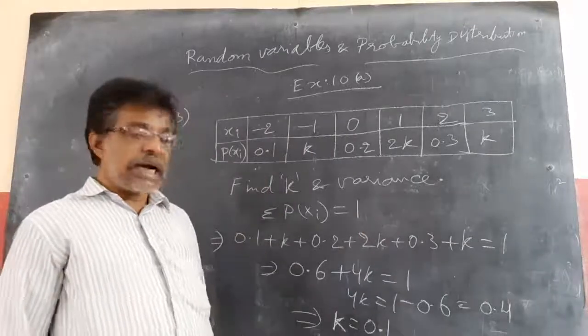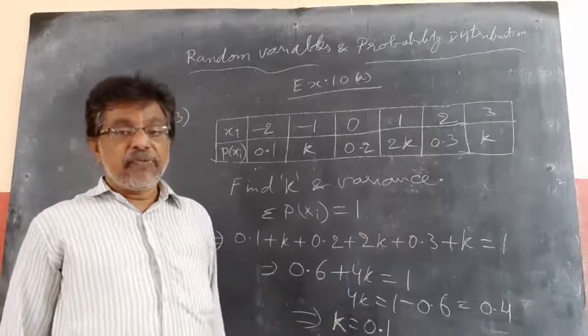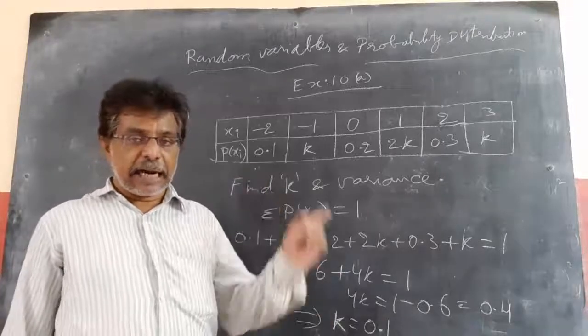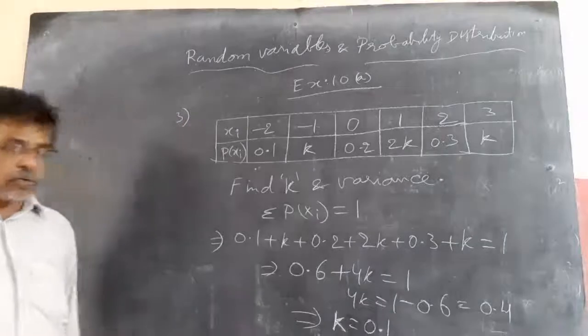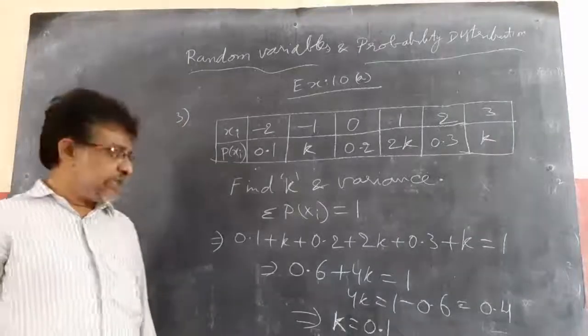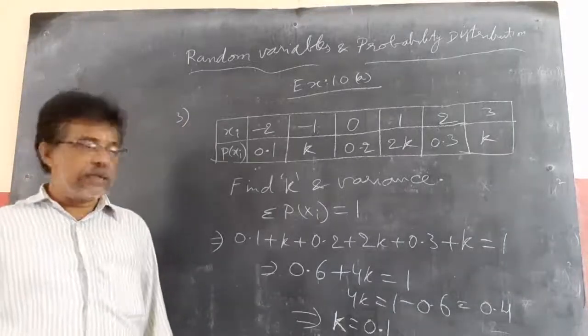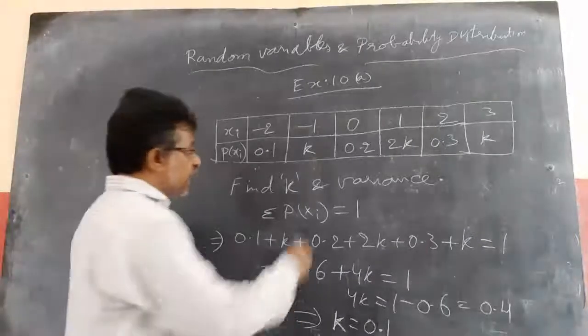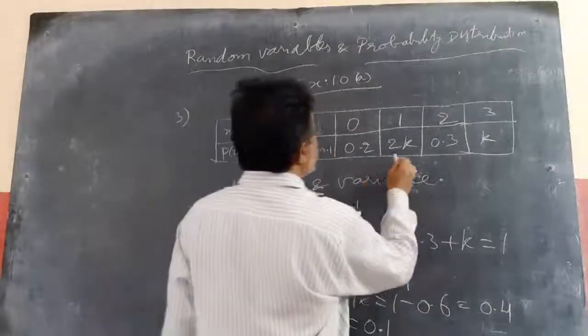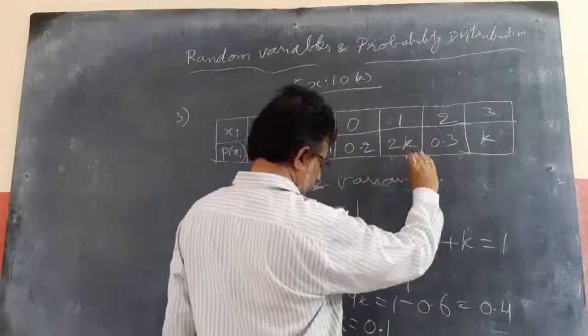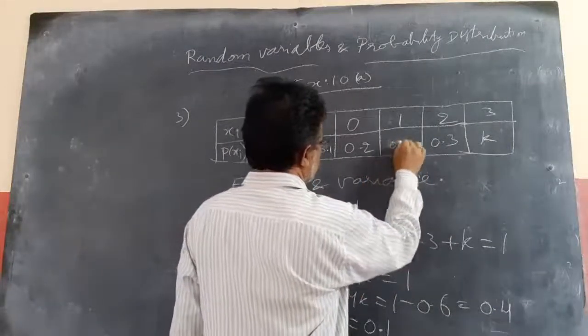Now I got K. After K he is asking the variance. Variance means you must find the mean first and then go for variance. Mean mu is equal to sigma xi into P of xi. Now K value I know, so substitute K equal to 0.1. The new table: 2K becomes 0.2.